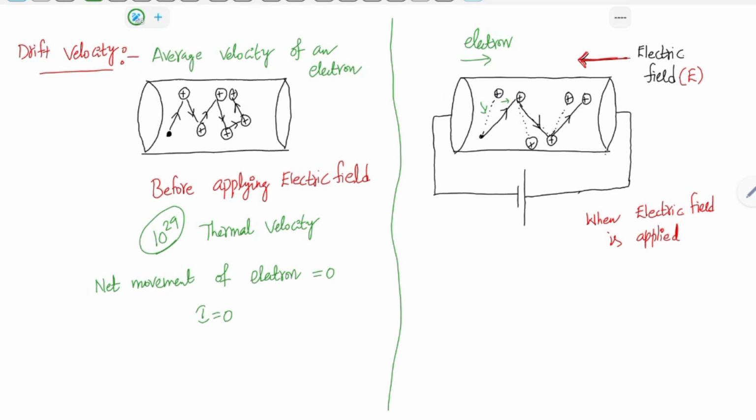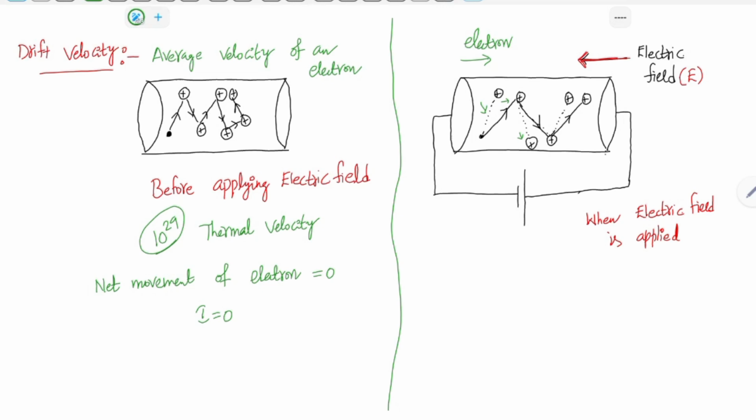After colliding with this positive ion, it actually has to hit the next positive ion, but it will not, because the electric field is applied during the time between any two successive collisions. This one is the first collision, and here you can observe the second collision.